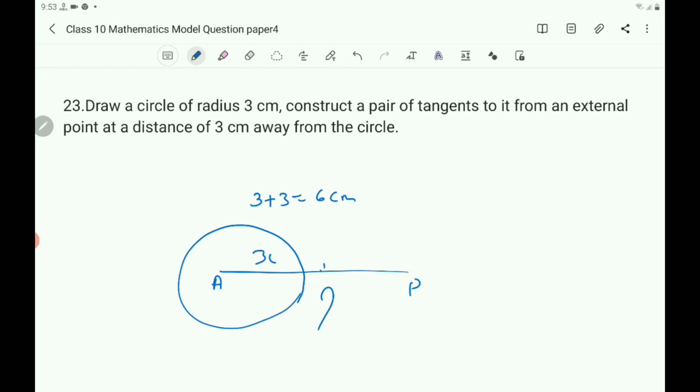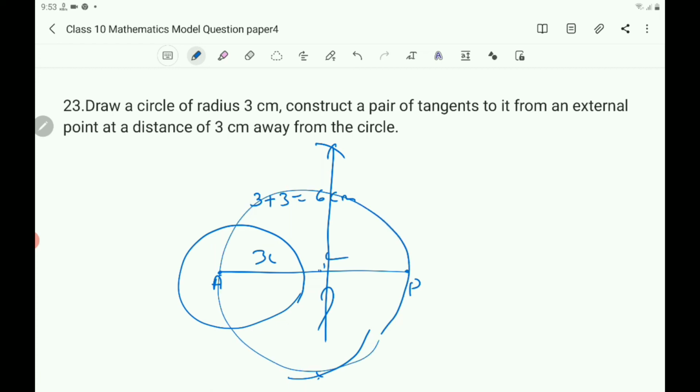And how can you draw the perpendicular bisector? With A as a center, take an arc more than half of AP and draw the arc above and below, and with P as a center cut the previous arc and you will get a midpoint. Draw the circle with this as a center. Here this is the midpoint, and join this to this one. So this is the discussion about the method of construction. So it is a rough sketch.